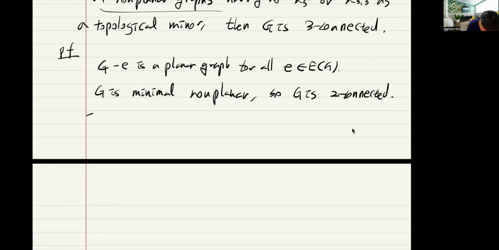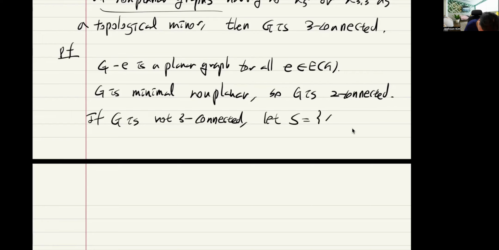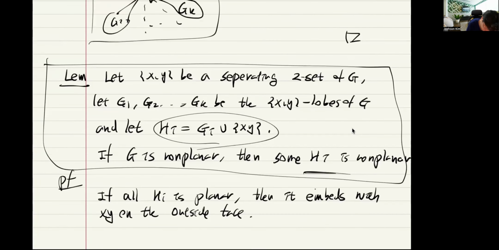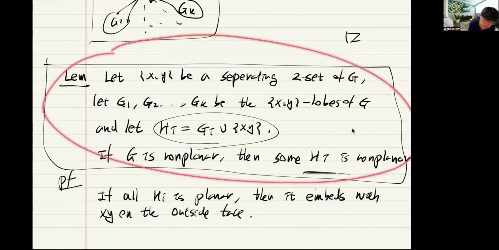Okay, so if G is not three-connected, then since this is two-connected, we can take a separating set of size 2. Then we use this lemma.